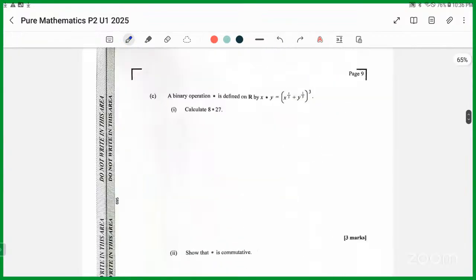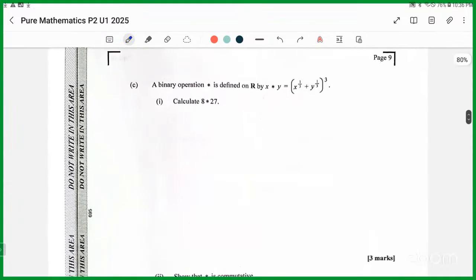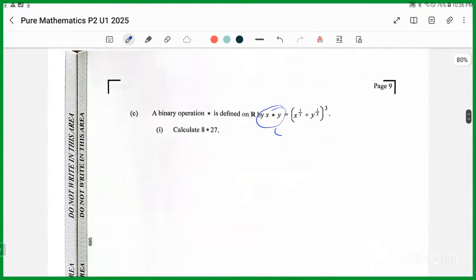Next one. This one says the binary operation is defined. Now to calculate 8 star 27. So 8 star 27 means that x is 8 and y is 27.